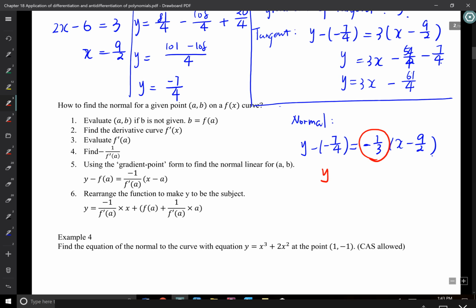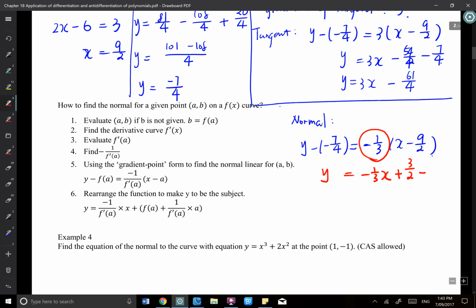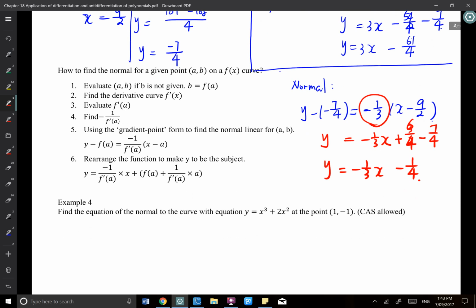So y equals -1/3 x plus 3/2 minus 7/4. That's 6/4 minus 7/4, so y equals -1/3 x minus 1/4. That is the normal.